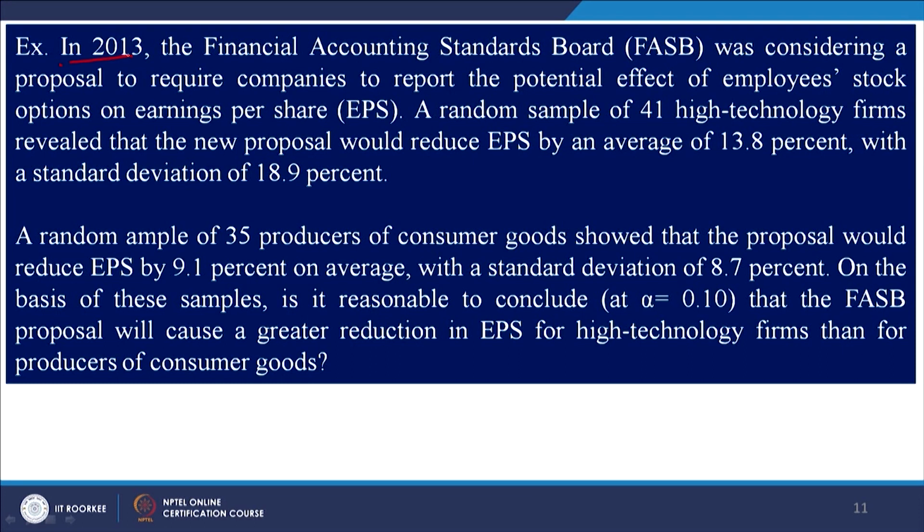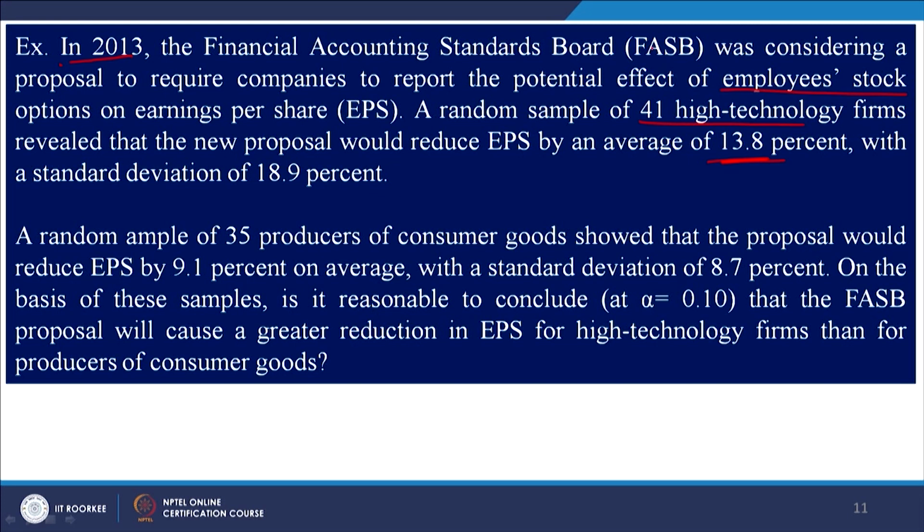Now, in this example, let us look at this. In 2013, the Financial Accounting Standards Board was considering a proposal to require companies to report the potential effect of employee stock options on earnings per share, EPS. FASB collected data on 41 high technology firms, which revealed that the new proposal would reduce EPS by an average of 13.8% with a standard deviation of 18.9.